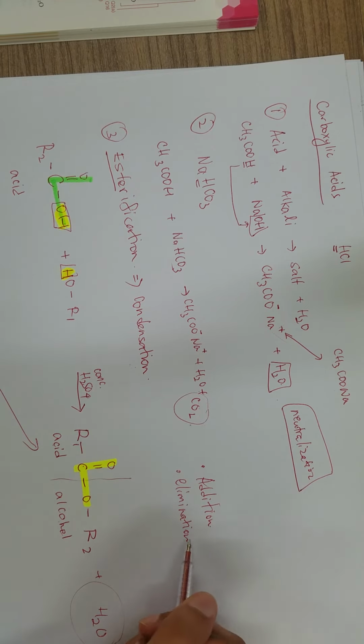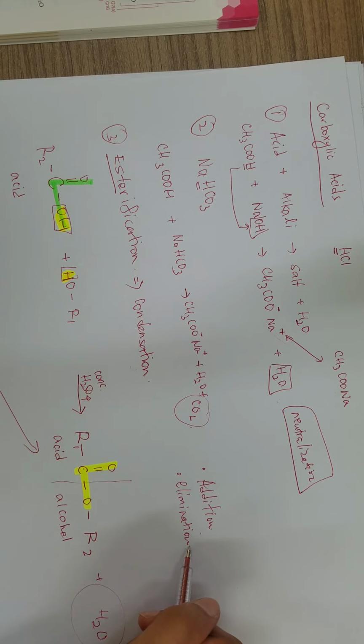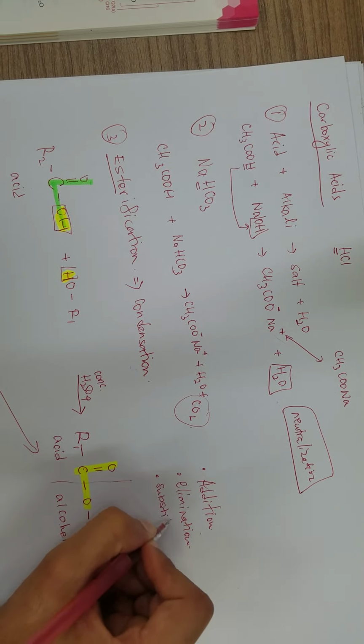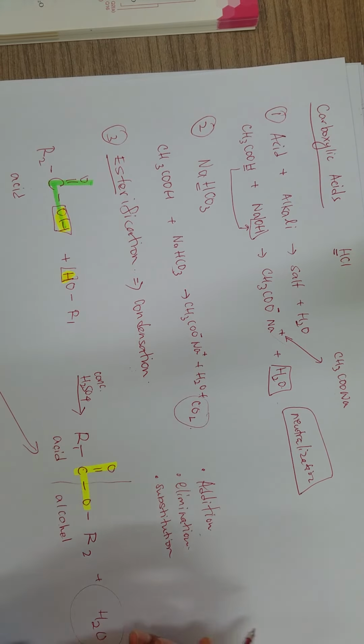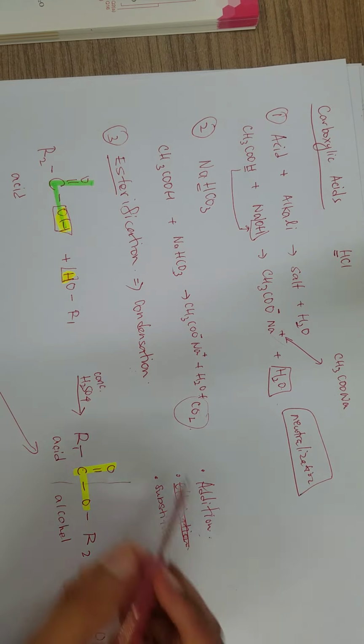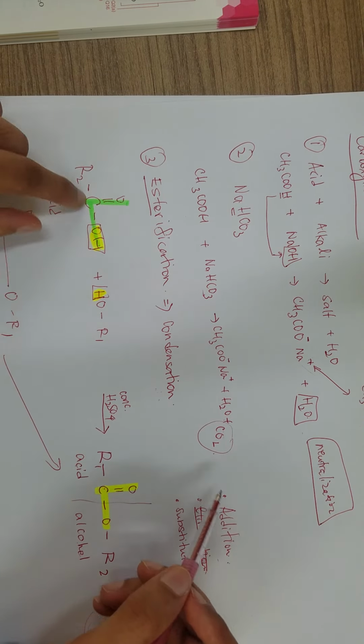Elimination, no, we have actually not talked about elimination yet. Sorry, it was substitution. We've not learned elimination. So addition and substitution: substitution was alkane, addition was alkene, and condensation is these two parts. Okay.